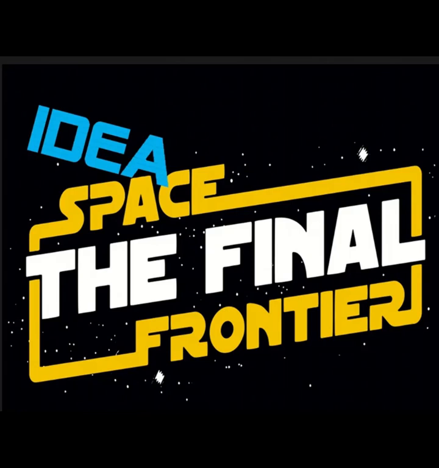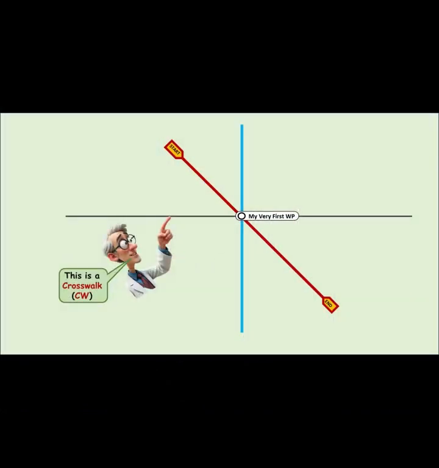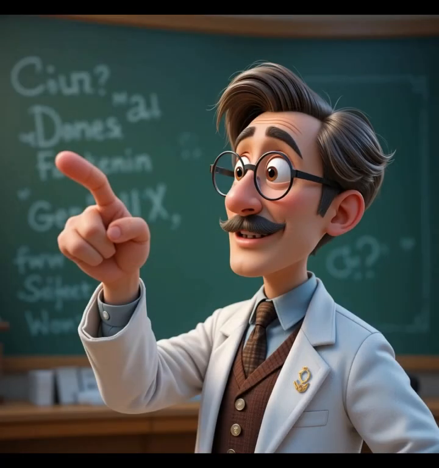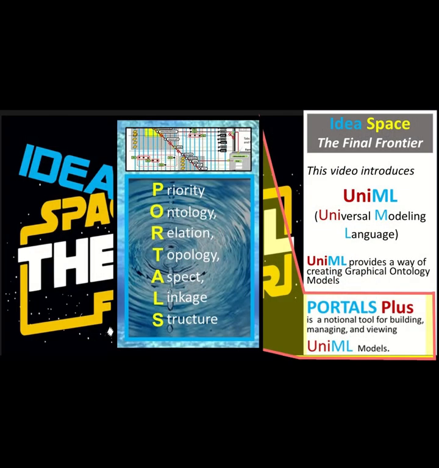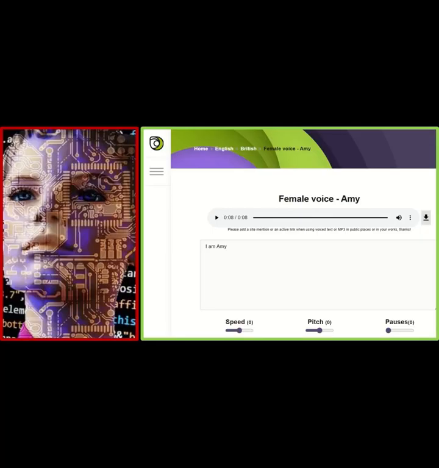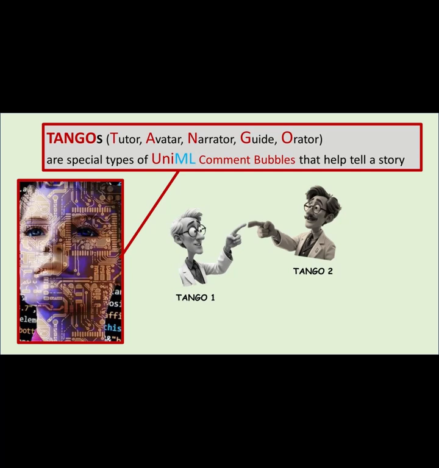Space, the frontier's wide. Swim lanes, crosswalk side by side. Dr. Frick and Dr. Frack, breaking code, no turning back. Amy speaks with style and grace, guides us through this learning space. With a voice so crisp and bright, she makes the journey feel just right.